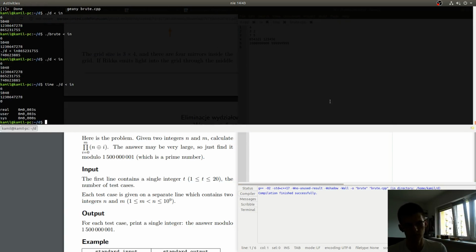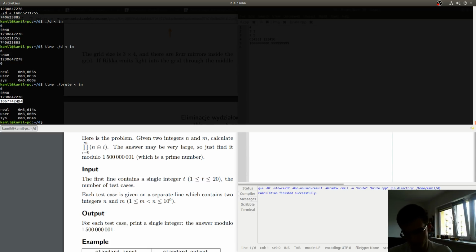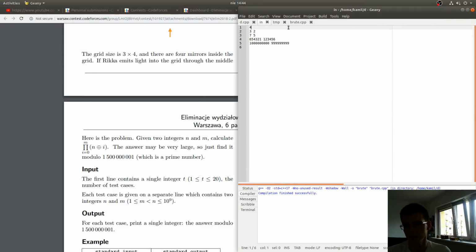Our main solution printed 0. What about brute force? It printed some value. So something is apparently wrong, but it's only wrong, at least this is what we see here, for very big tests.